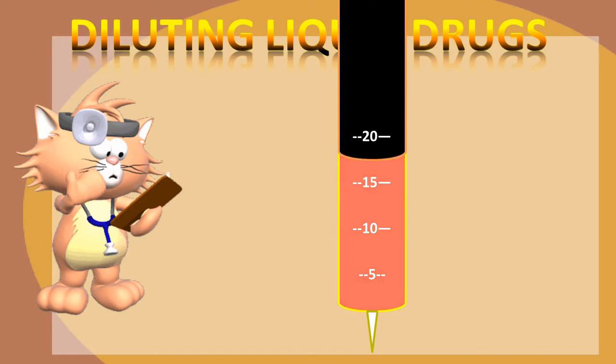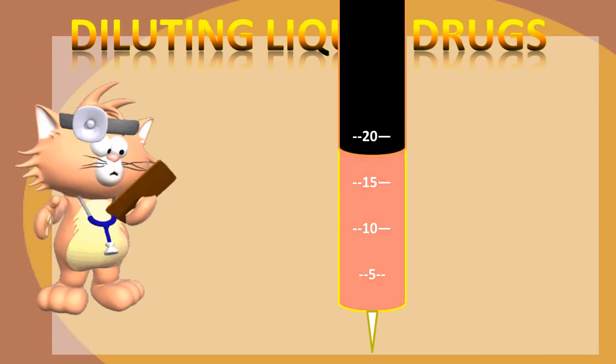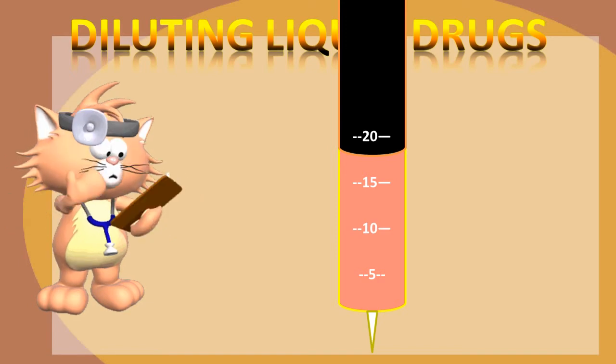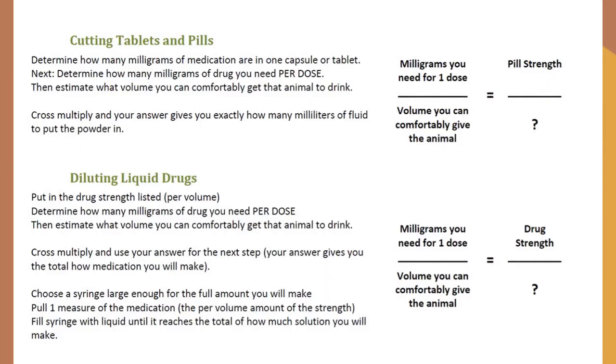Now fill the syringe with liquid until it reaches the total of how much medication you want to make, which is 18 milliliter. All the calculations that I'm showing you today, including these last few, are fully outlined in your workbook. So if you keep your workbook, you can always refer back to these calculations.